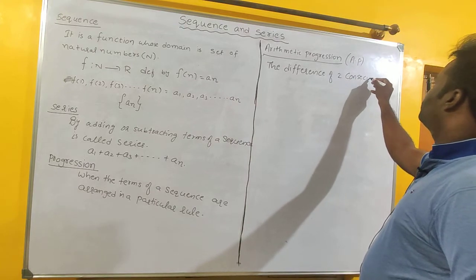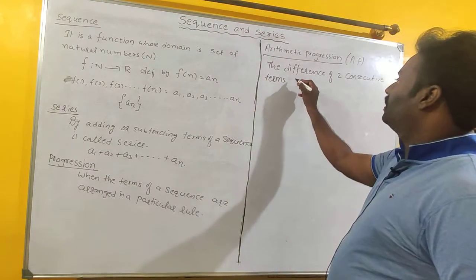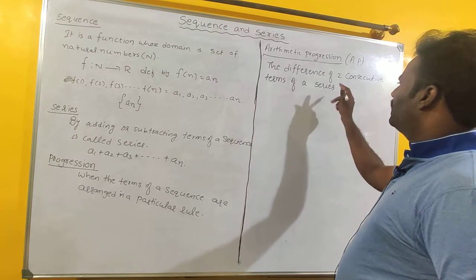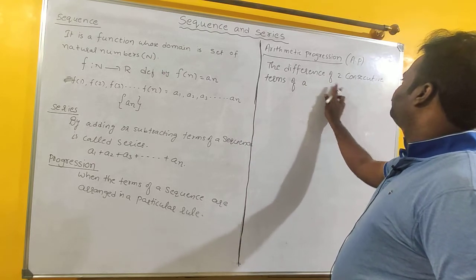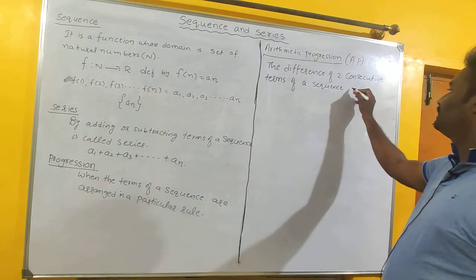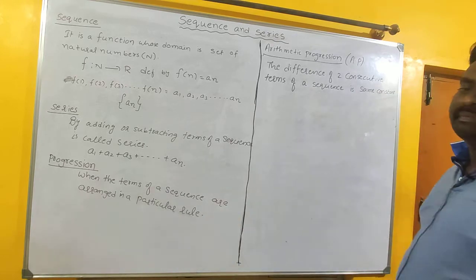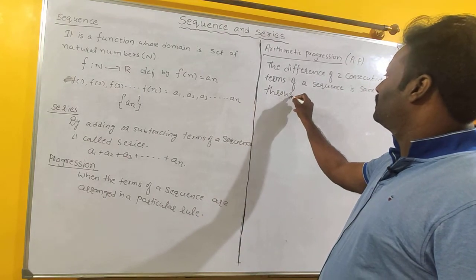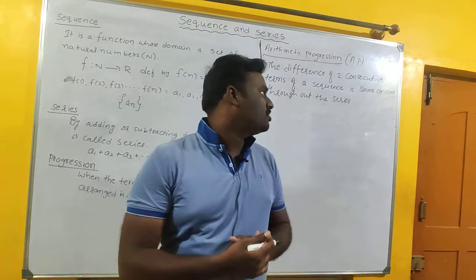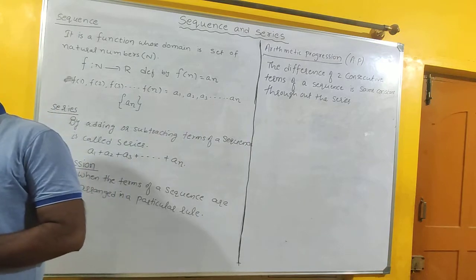The difference of two consecutive terms of a series, or you can write of a sequence, is the same constant throughout the series.